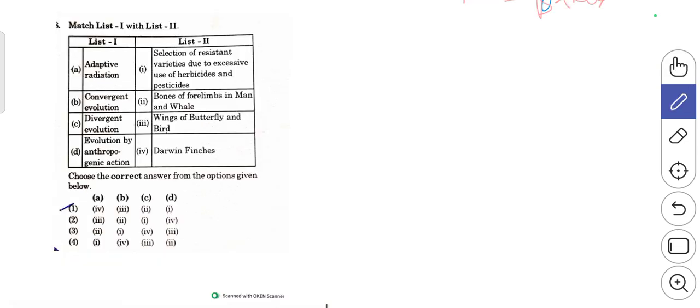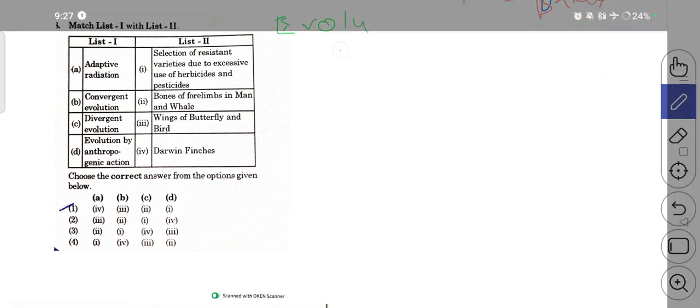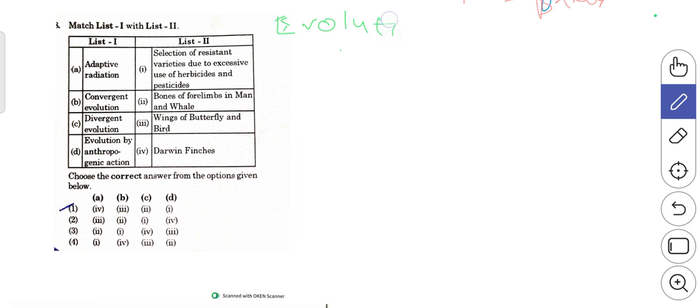So next question, it is from the chapter evolution. Here they have given 4 different options. One is adaptive radiation. This adaptive radiation is seen through the special example of Darwin finches.